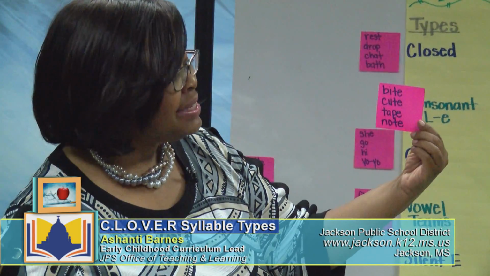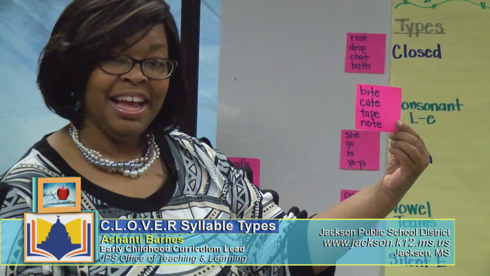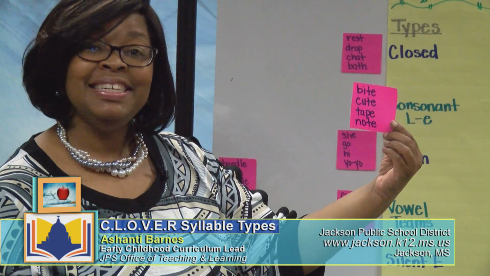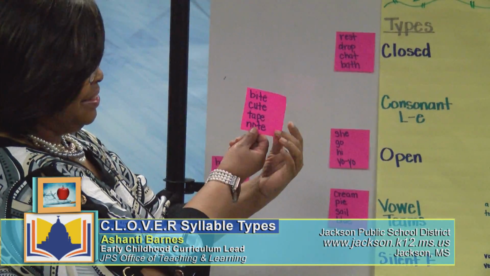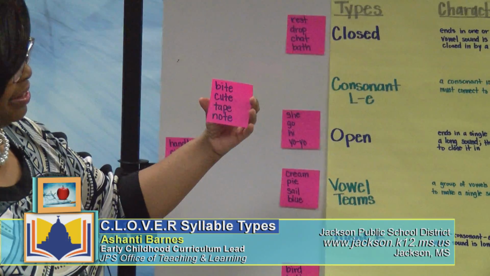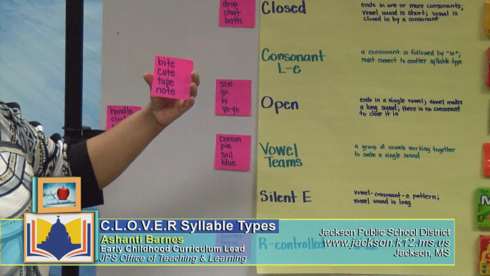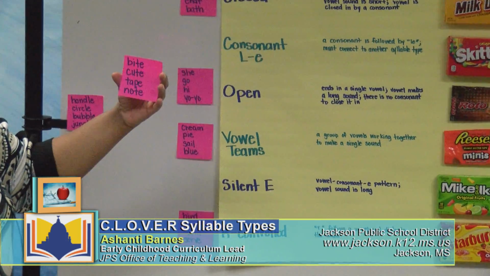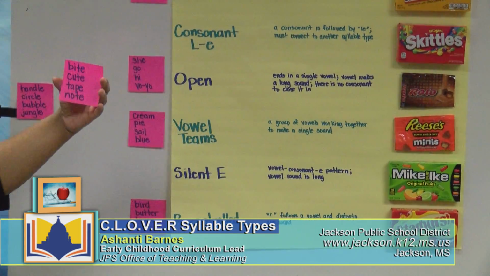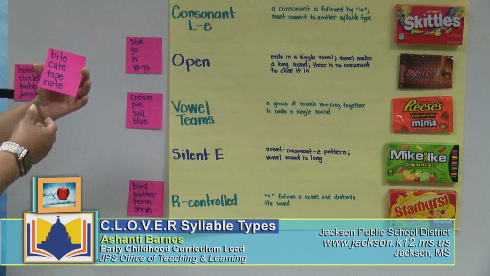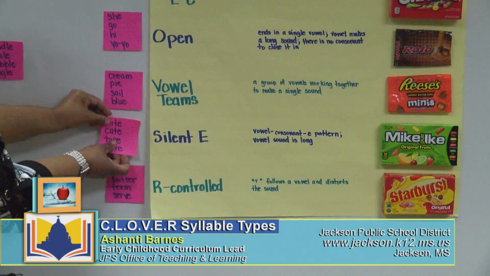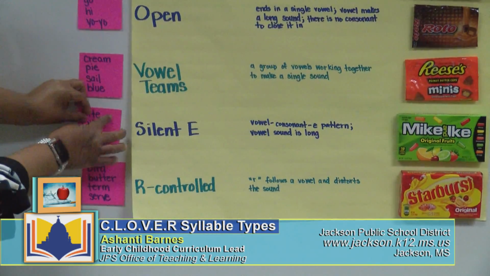Our next word list, bite, cute, tape, and note. Okay, what's common? Yes, each word has a long vowel sound. Yes, and each word has a silent E. So this must be the silent E syllable type.